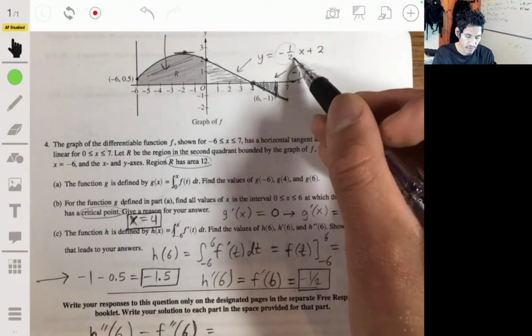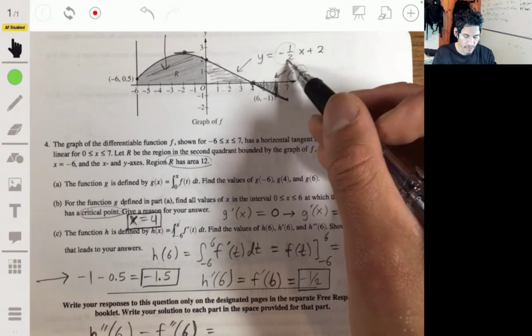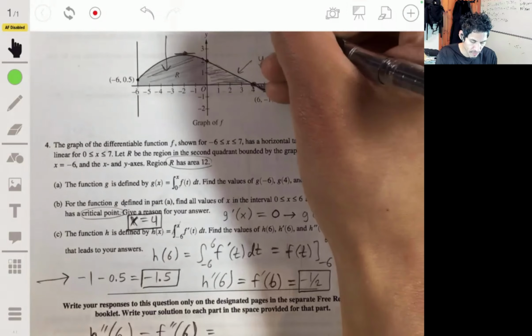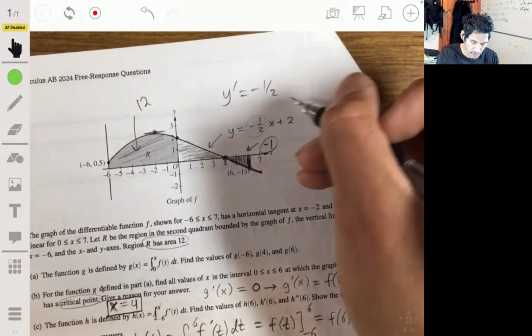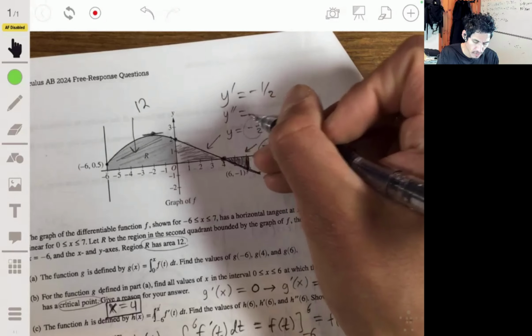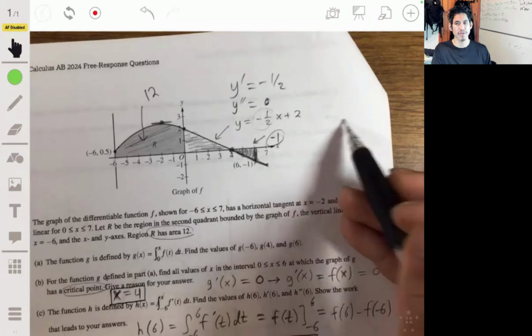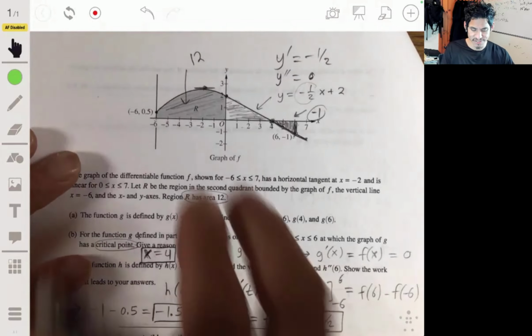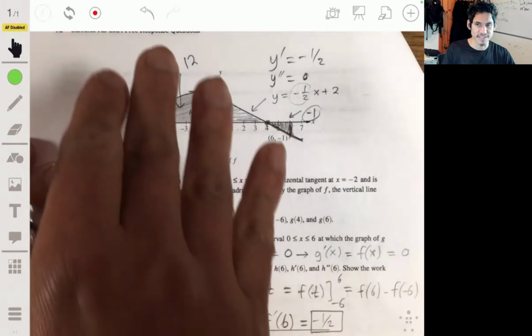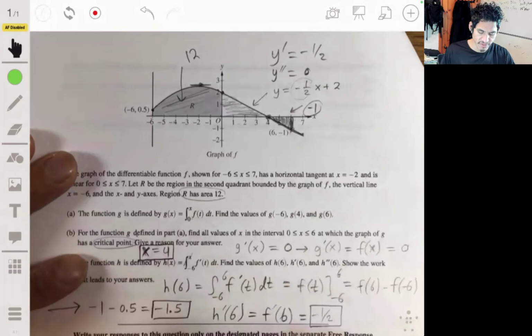So y prime would be -1/2, right? And then y double prime would just be 0, because the derivative isn't changing values. Remember, the second derivative describes how the first derivative is changing, and this first derivative is not changing because it's just a constant value of -1/2. So then the second derivative is just 0.